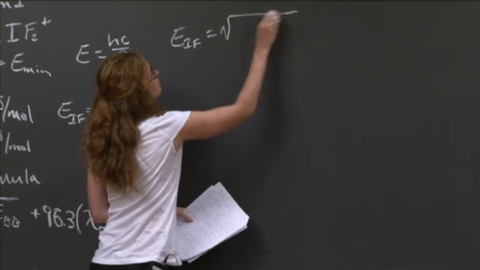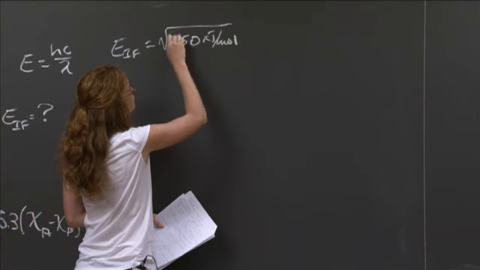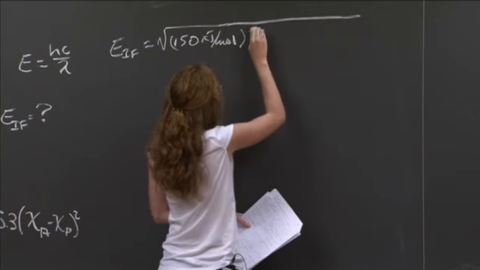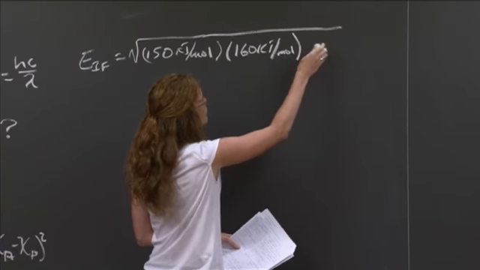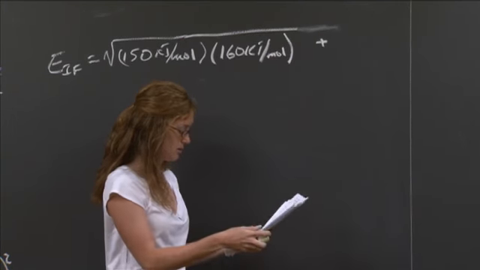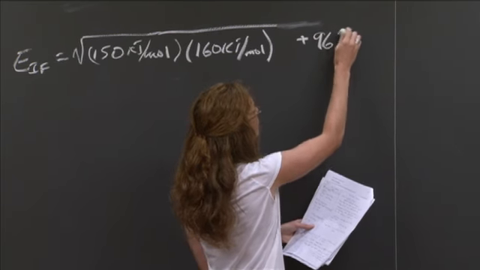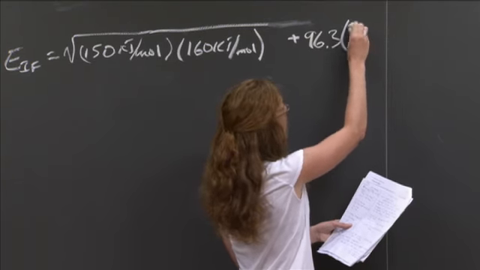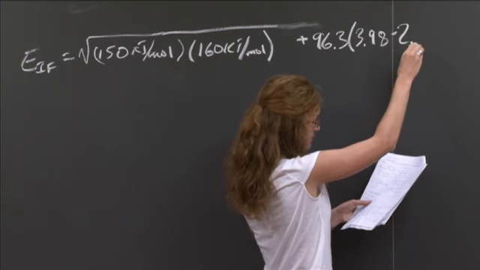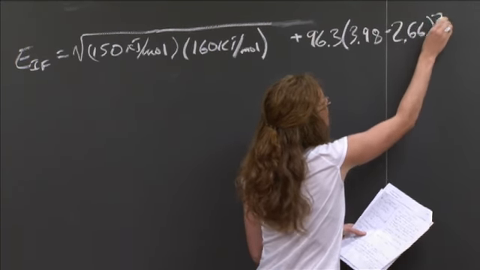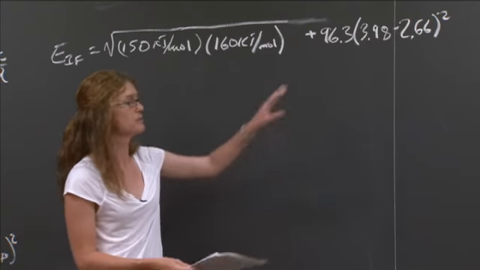So we have the square root of 150 kilojoules plus... and the exact values you get for the electronegativity may vary depending on the source, but they'll be close enough and the difference between them will be very similar.